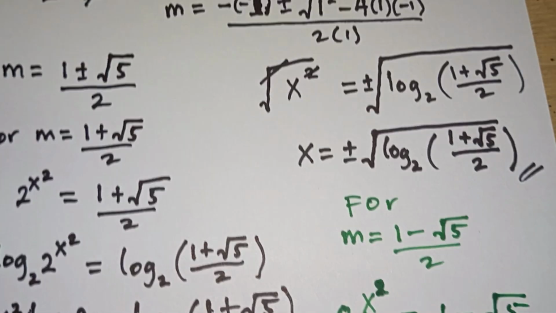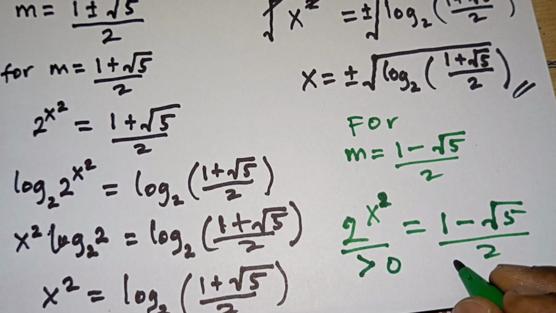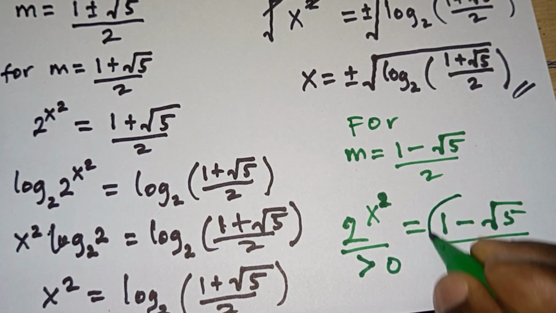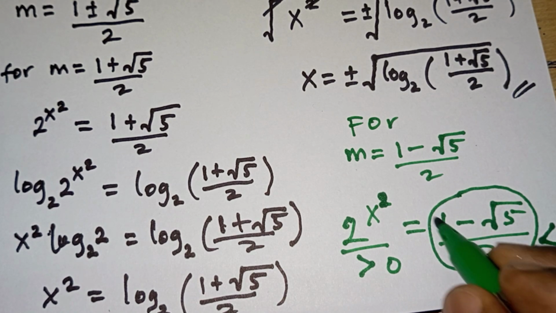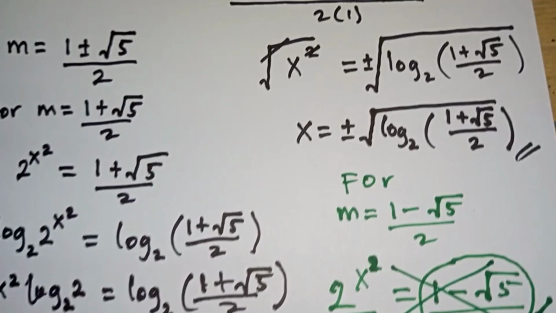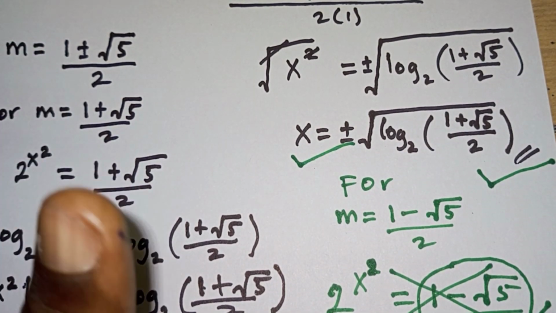Like we did before, 2 to the power x squared is always greater than 0. But on the right hand side, we see that this is less than 0. Therefore, we can never solve for real solution from this equation. So the final answer is x is equal to plus or minus square root of log base 2 of 1 plus root 5 divided by 2.